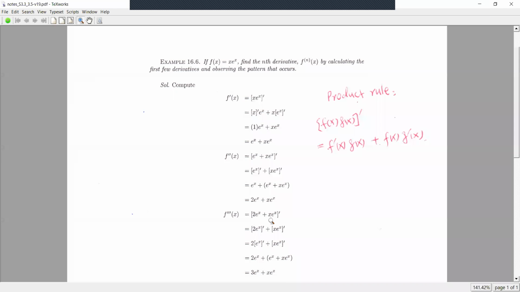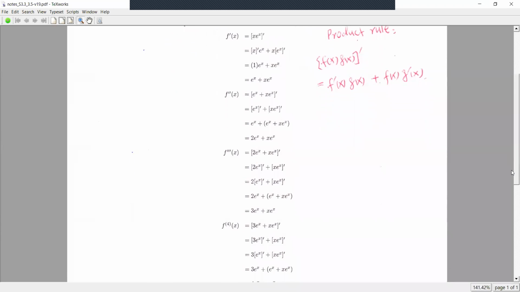Take derivative again. By summation rule, we have this equation. Move out the constant 2. We then have this equation. Derivative of e^x is e^x. Derivative of x times e^x, from here, it is e^x plus x times e^x.